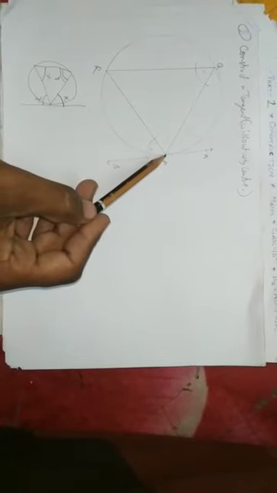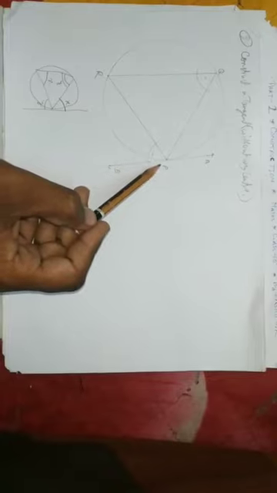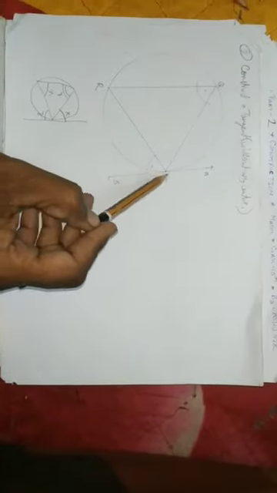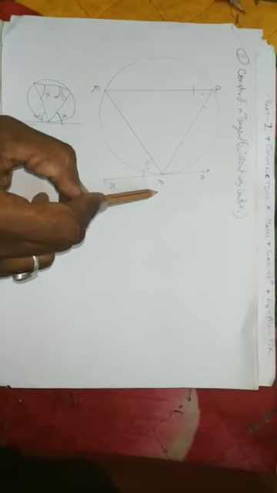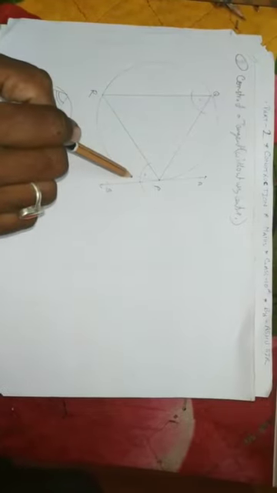AB. So first we draw a circle of whatever radius is given, then take any point P on the circle, and using point P draw a cyclic triangle where all 3 points lie on the circle. Then we want to construct a tangent from point P, so take angle Q and construct an equal angle in the alternate segment.